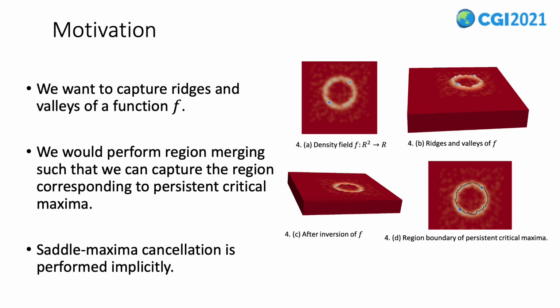This is basically the region belonging to the persistent maximum that's present in the middle of this block, and we're interested in this. And you may ask why. We'll discuss it later, because that's our goal to find out.